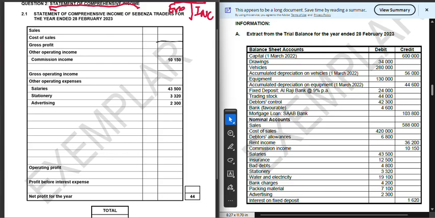Here it says profit before interest expense, right? So when it says before interest expense, automatically our brains are telling us that after this it's interest expense. So here we've got gross profit. That means that's the whole profit for the whole year. So what should be on top here? So please remember that we've got our notes.